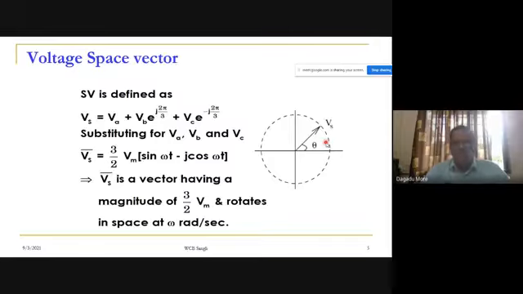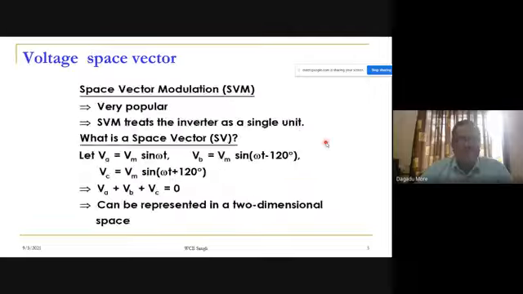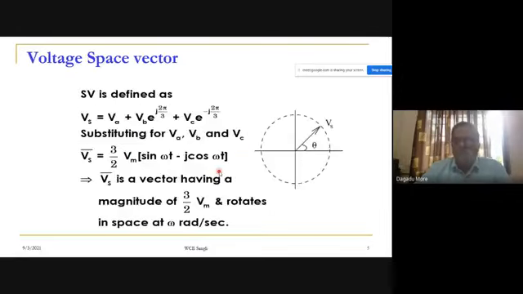So when our three-phase voltages are balanced and sinusoidal, the voltage space vector is of constant magnitude, and it rotates at a uniform speed, and the speed is omega.